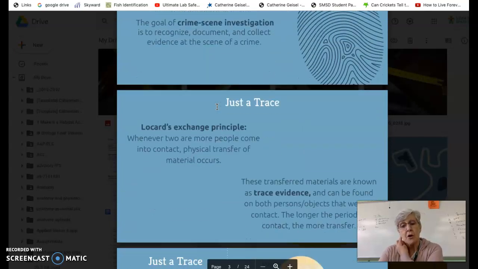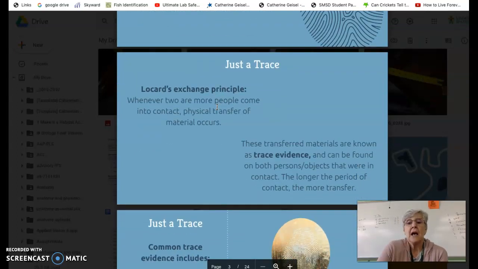We've talked about Locard's principle before. When any two objects come into contact with each other, they transfer evidence. A lot of times the material that's transferred is called trace evidence. It can be found both on the person or the object that were in contact. So not only is it the material that's left behind, but some of the material in the room should also be on that particular person.